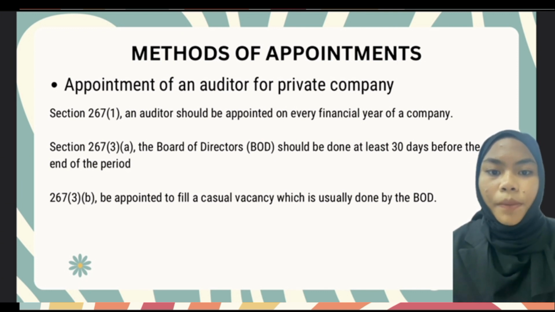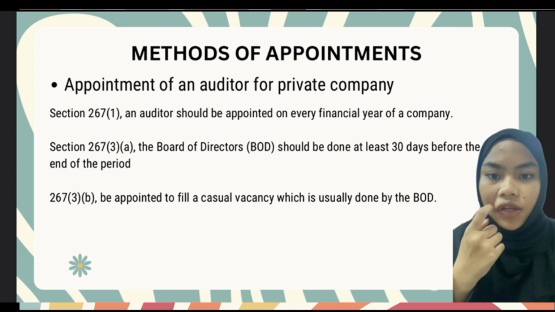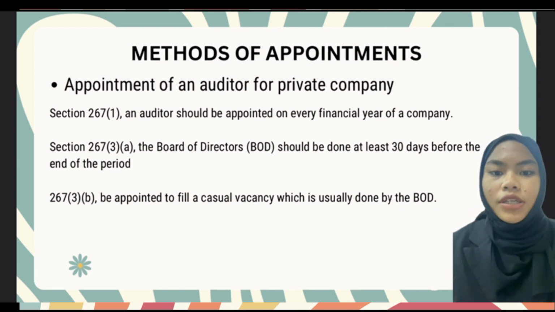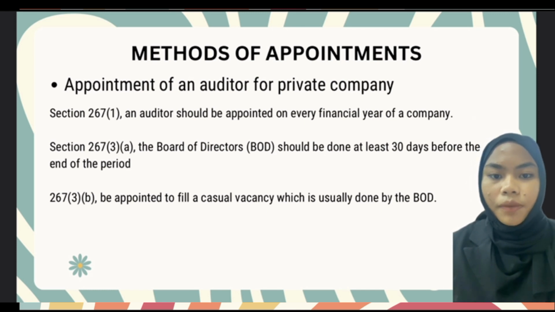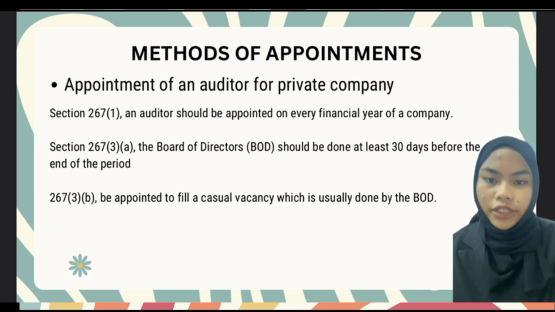An auditor may also be appointed to fill a casual vacancy, which is usually done by the BOD. Either the board of directors will appoint the auditor, or in the event that the board fails to do so, the members of the private company shall appoint the auditor through ordinary resolution.